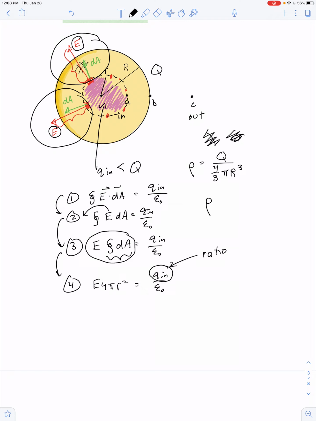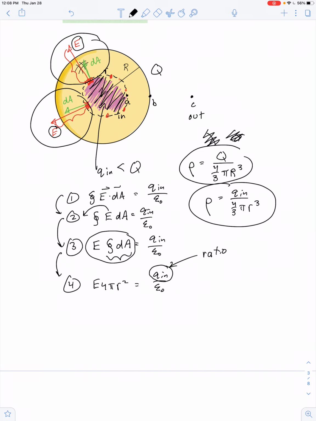However, there's nothing wrong with finding the density of charge inside the Gaussian surface. That would be Qn over 4/3 pi lowercase r cubed. But because it's uniform, both of these expressions have to give the same value.